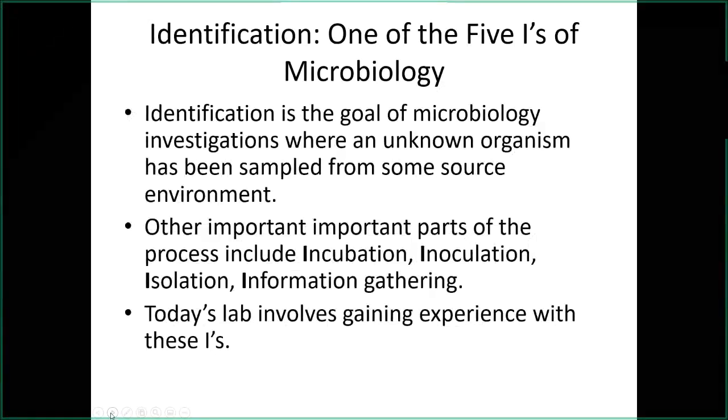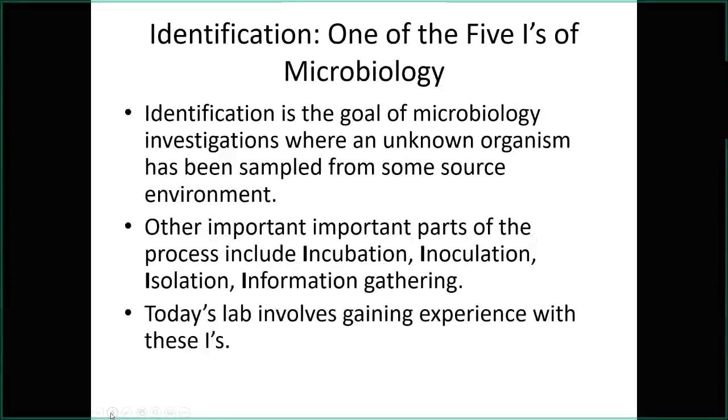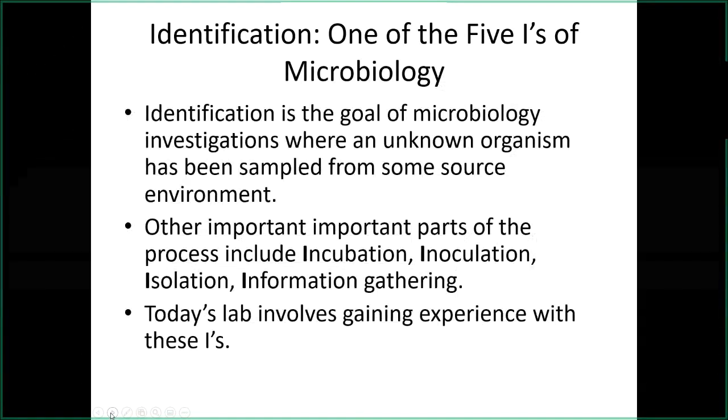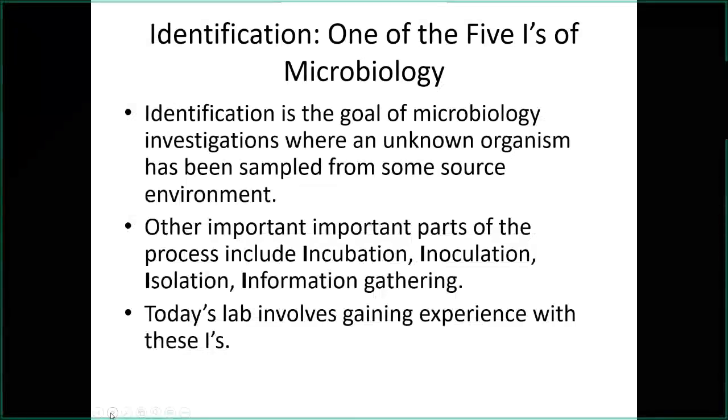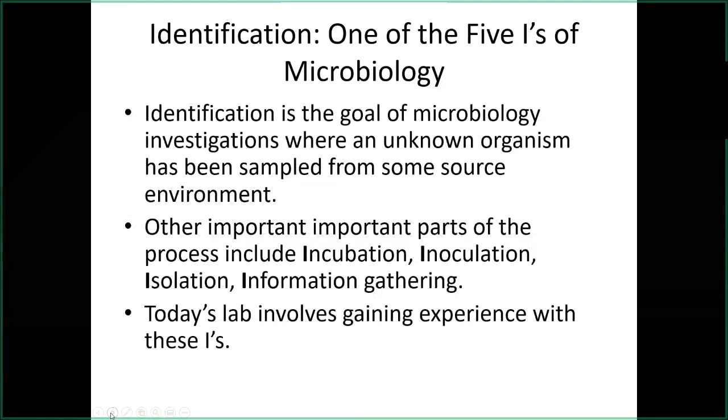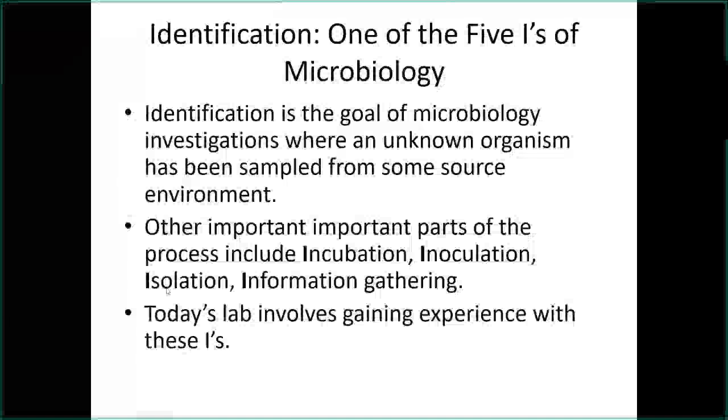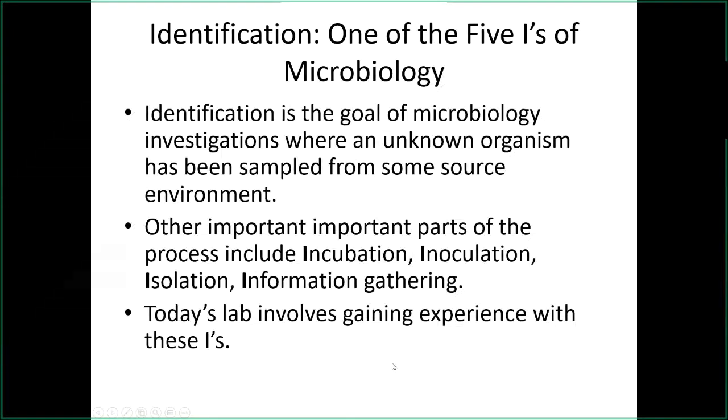One of the things that was discussed earlier in lecture was the fact that in an investigation where you're trying ultimately to identify an organism, you have several steps that you go through. We talked about the 5 I's of microbiology: incubation, inoculation, isolation, information gathering, and then finally you arrive at identification.